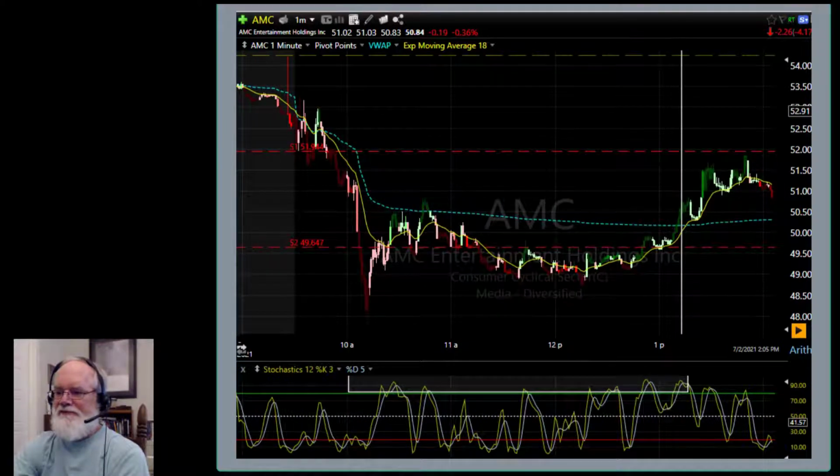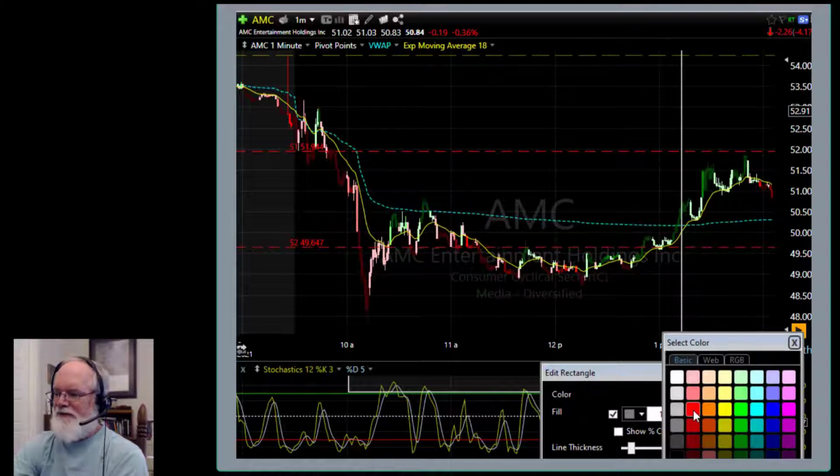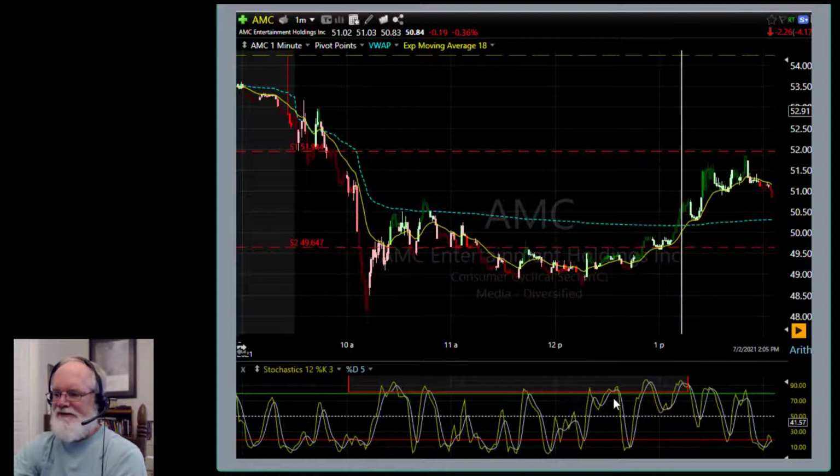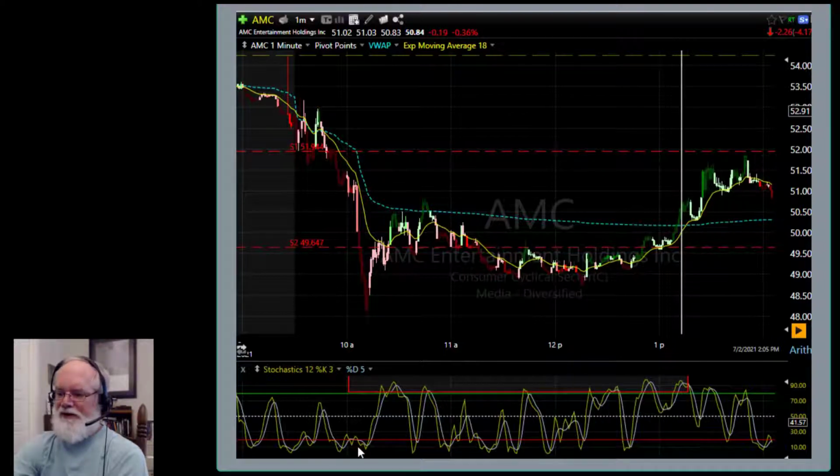So let's go back for a second. Now let's look at some things that happened. What we can see is back down in here in this area where Stochastics comes back above the 80 line. It doesn't happen very much on Friday, but a couple times you have where Stochastics comes back up here above the 80 line, looks very bullish, and we're coming up here to test VWAP.